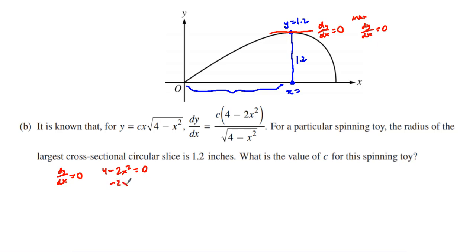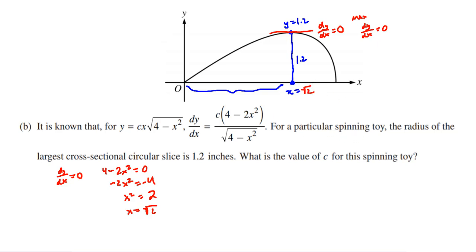I have -2x squared equals -4. I divide by -2, so x squared equals 2, which means x is equal to plus or minus square root of 2. So I know that this x value right here is going to be the square root of 2.